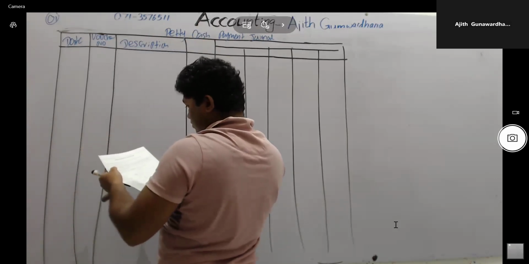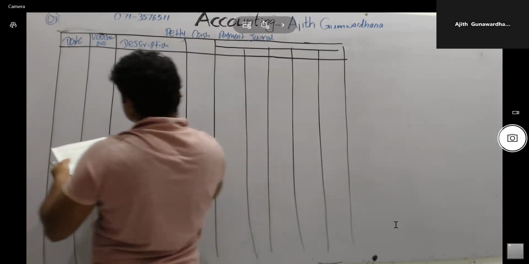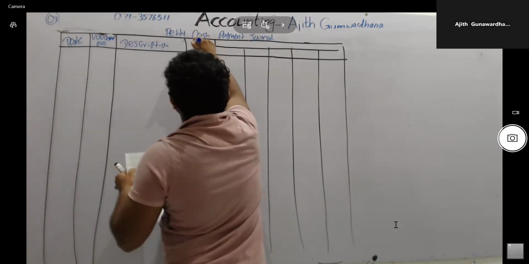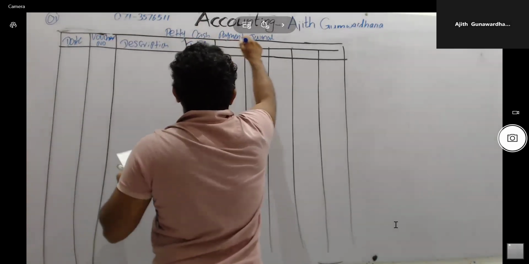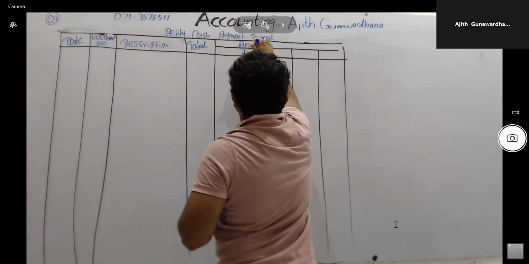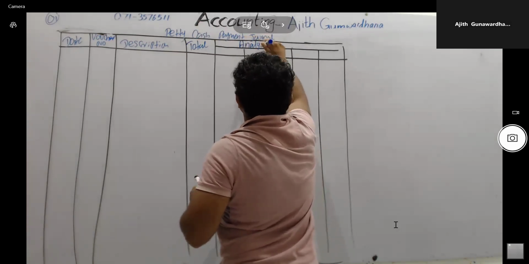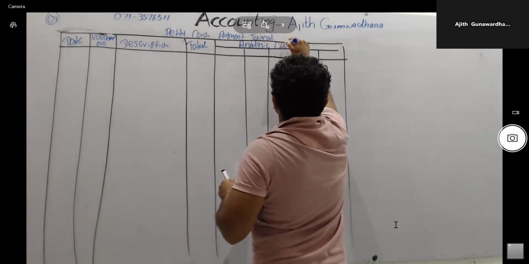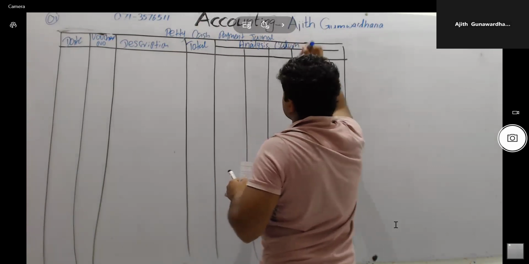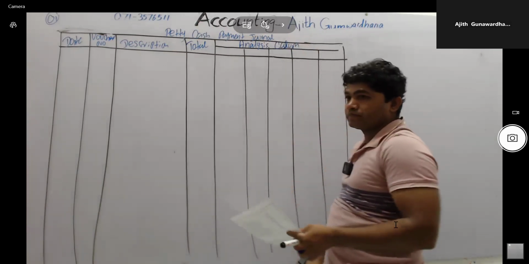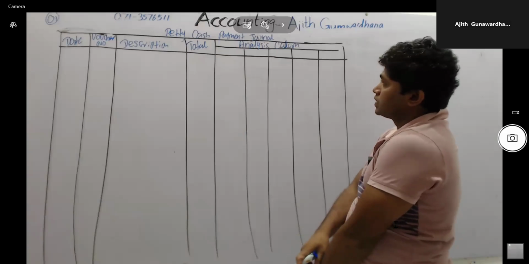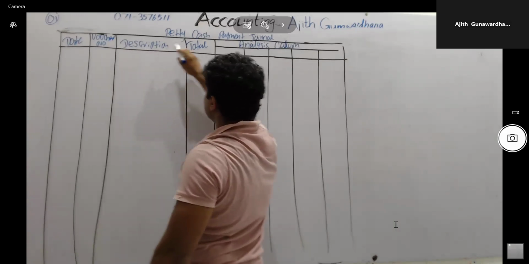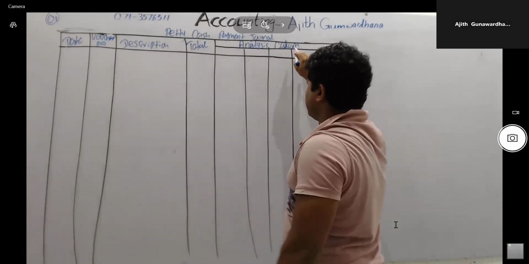Then total value. Then the analysis column. Here date, voucher number, description, total, analysis column.